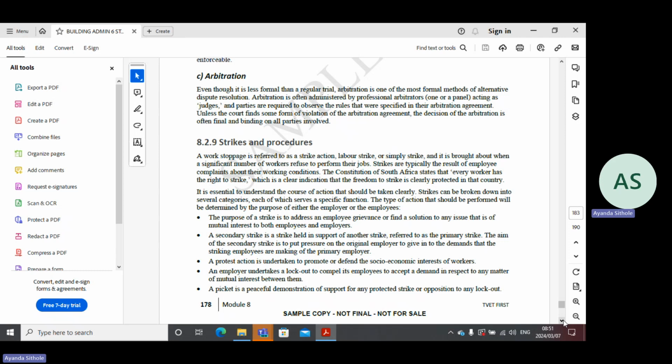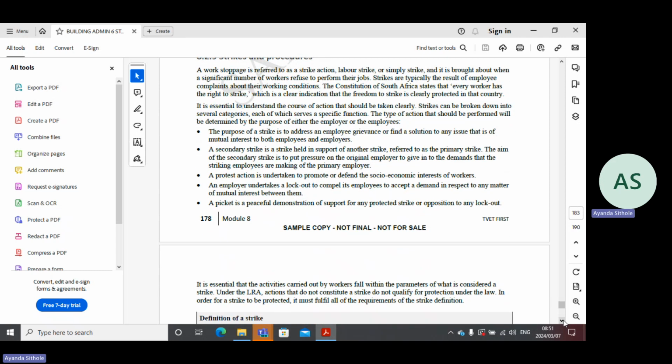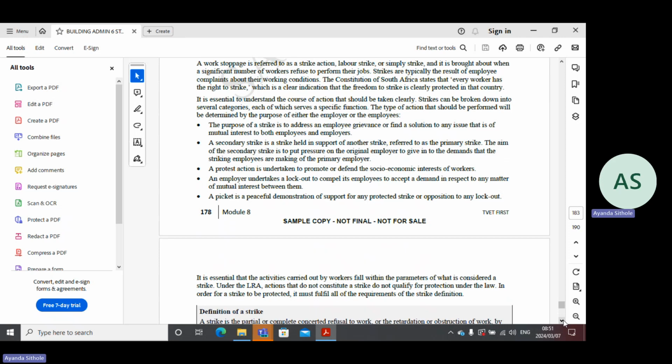The aim of the secondary strike is to put pressure on the primary employer to give in to the demands that the striking employees are making. Protest action is undertaken to promote or defend the socio-economic interests of workers. So those are the types of action, determined by the purpose of either employer or employee.